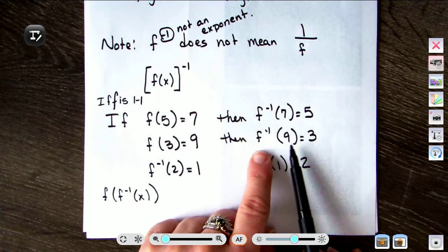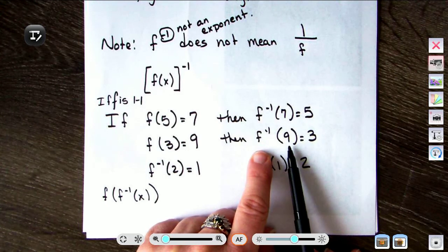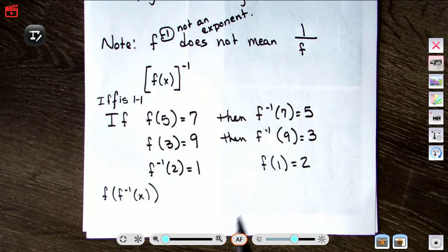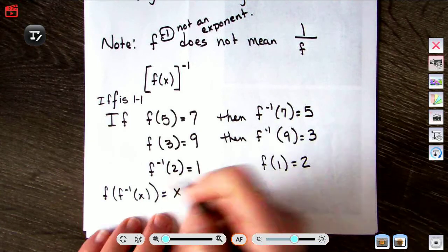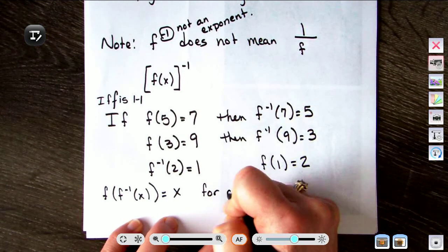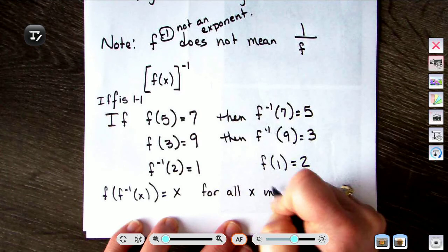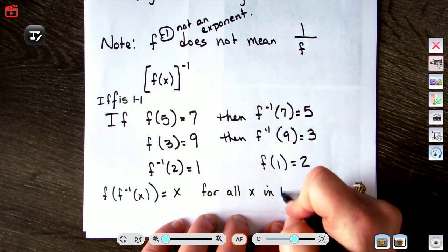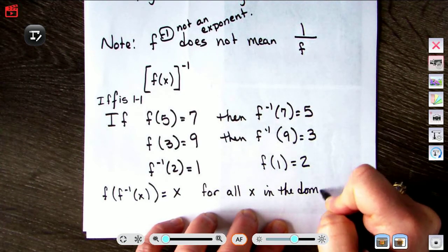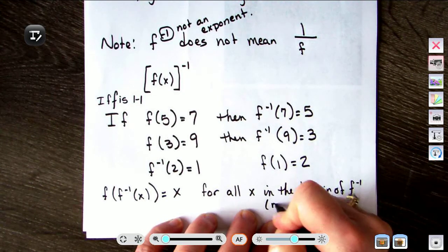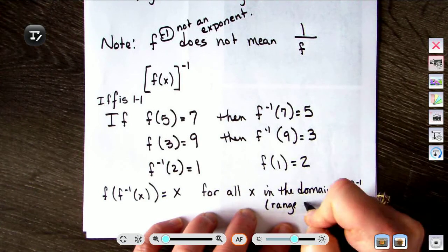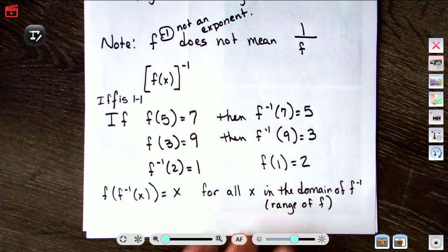If I did f inverse of 9, so f inverse of 9 is 3, so I'd be doing f of 3, which is 9. I will get the x value, whatever was in here. And this is true for all x in the domain of f inverse, which is the range of f. So kind of keeping track of all that stuff.